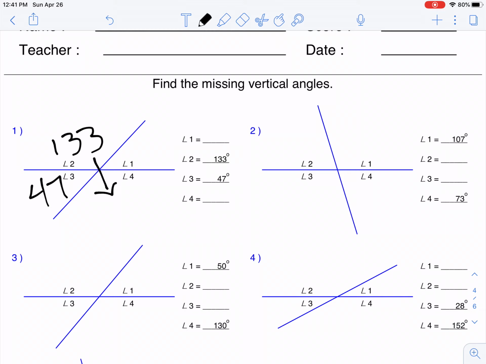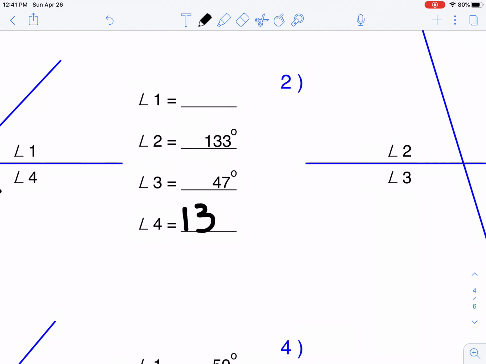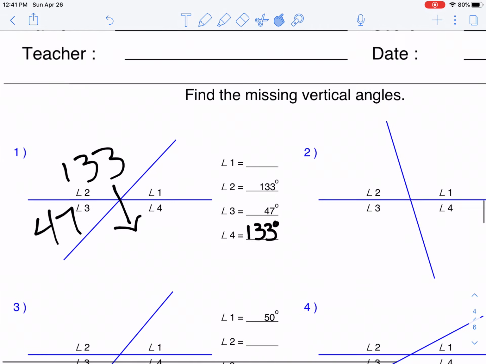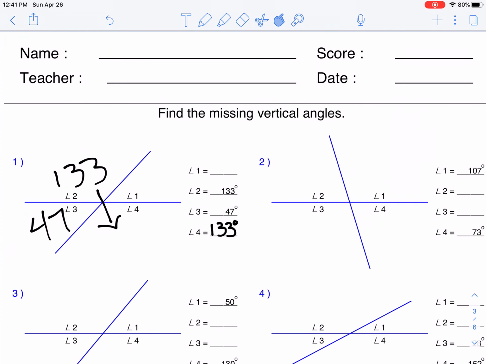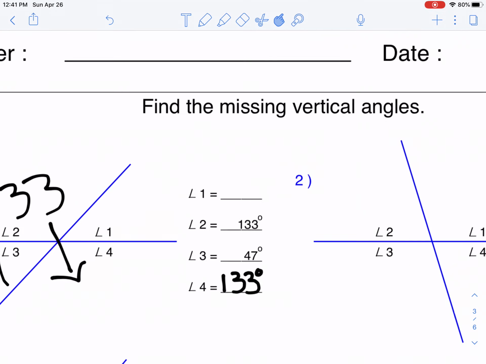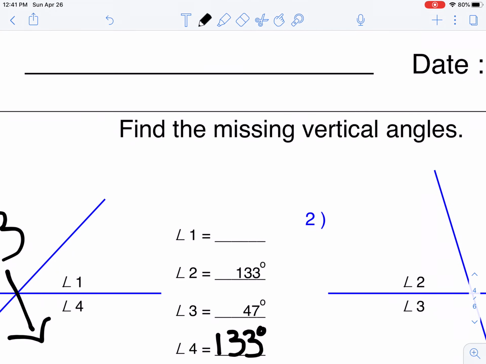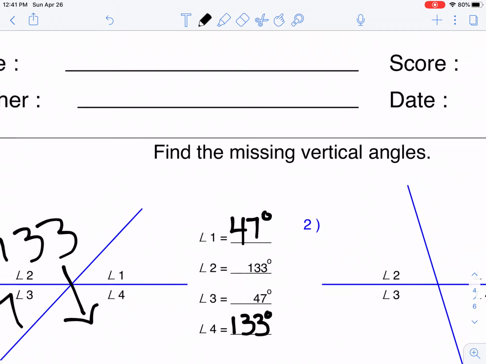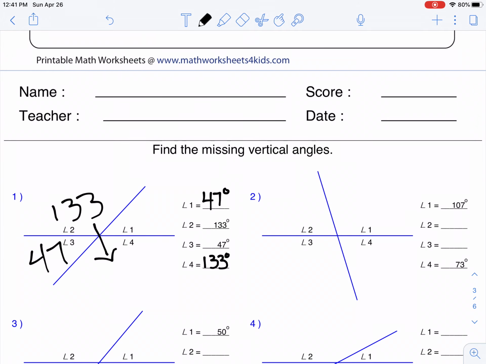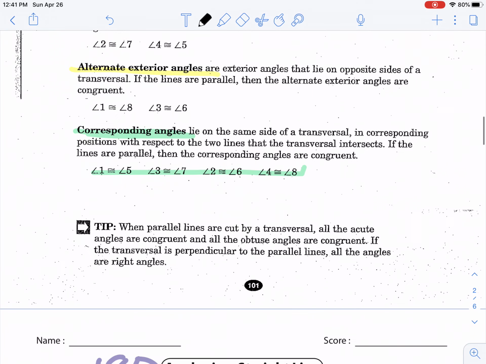They're across from each other, right? So if angle 2 is 133, then angle 4 is 133. If angle 1 and angle 3 are also vertical angles, then angle 1 is going to be equal to angle 3, so it's also going to be 47 degrees.